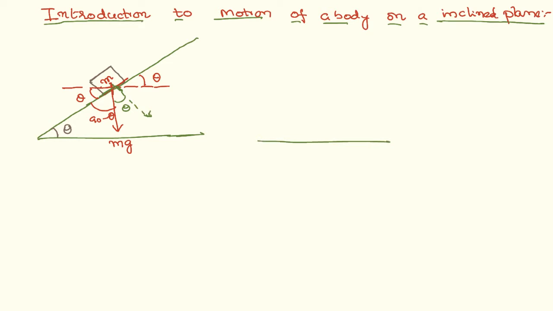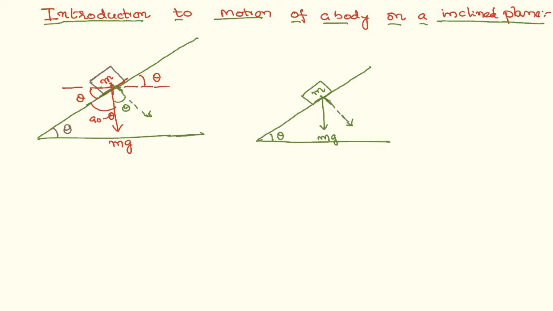The point that I want to put forward to all of you is, if there is a body of mass m on a rough inclined plane, where the angle of inclination is theta, its weight will act perpendicularly downward, and this weight can be resolved into components.